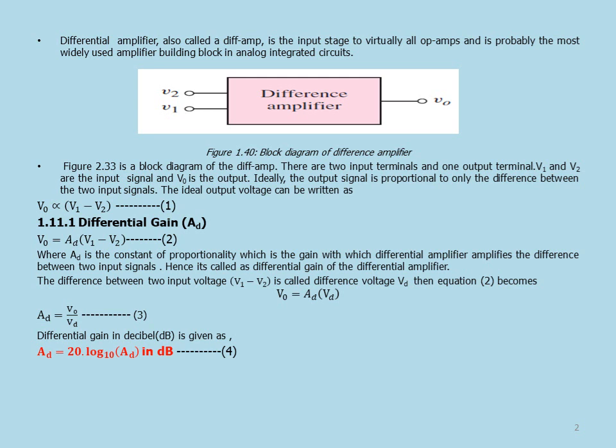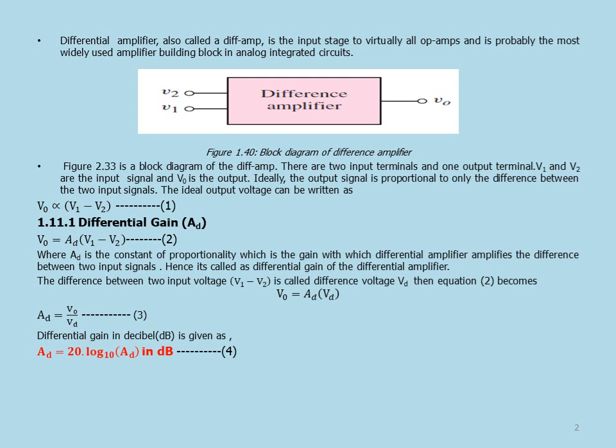In equation 3, if V1 minus V2 is taken as VD, that is the difference voltage, then the differential gain is the output divided by the difference voltage, V0 by VD, and it can be calculated as an integer value.